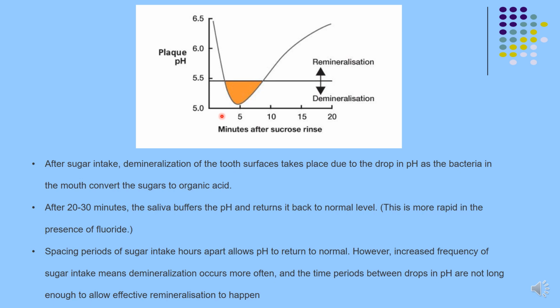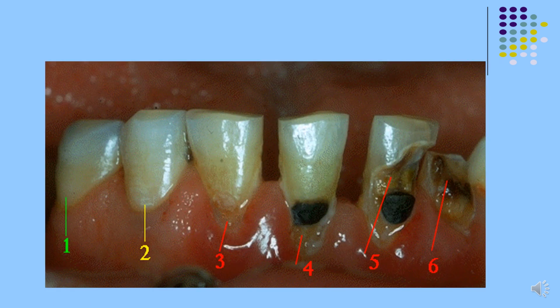So if you increase the frequency of carbohydrate intake, you continue to keep the pH in the oral cavity lower for a longer duration, thus increasing demineralization and increasing the chances of developing caries. Okay, so this is the first aspect.